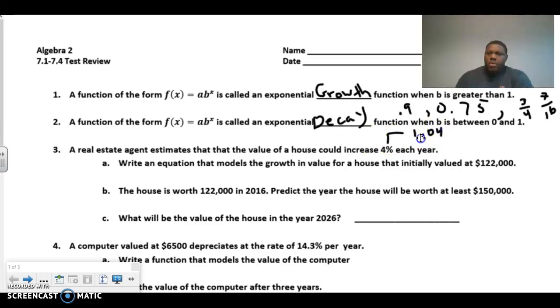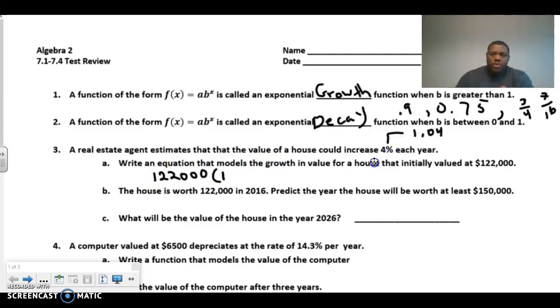But the reason it's going to be 1.04 is because in the notes, guys, we learned that you have A times, 122,000 times, since this tells us it's a growth, you add 1 to your decimal.